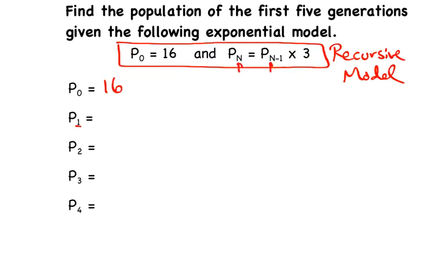So that would tell me P1 is equal to P0 times 3. And then we get our P0 by referencing the old data and plugging it in. So now we can say that P1 is equal to 16 times 3, and we get that P1 is 48.